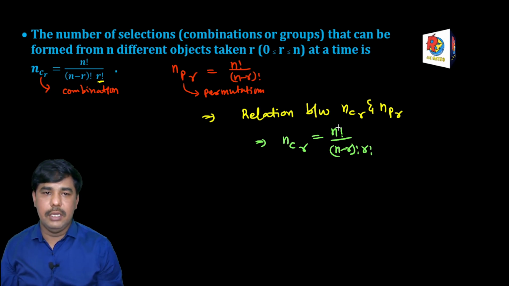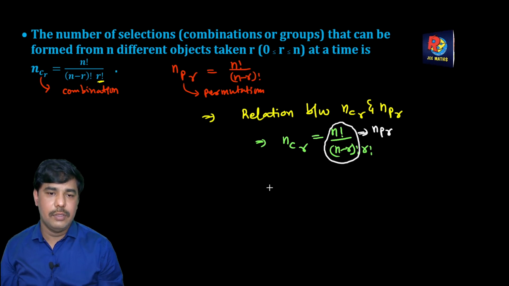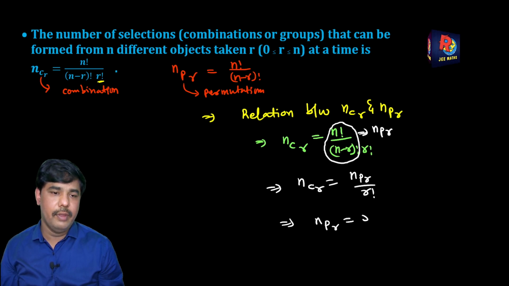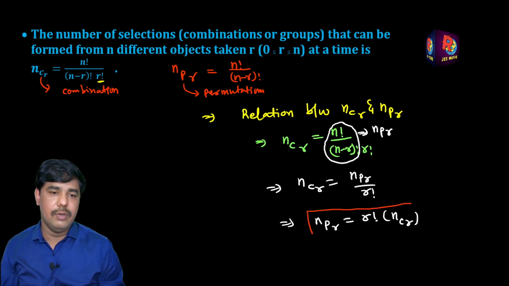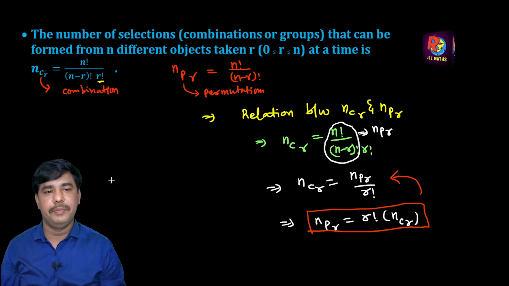But we know that n factorial by n minus r factorial is equal to nPr. So if I write that formula, nCr is equal to nPr by r factorial. If I cross multiply this, nPr equals r factorial into nCr. So this is the relation between permutation and combination. You can use this, or sometimes we will use the other one. No issue about that.